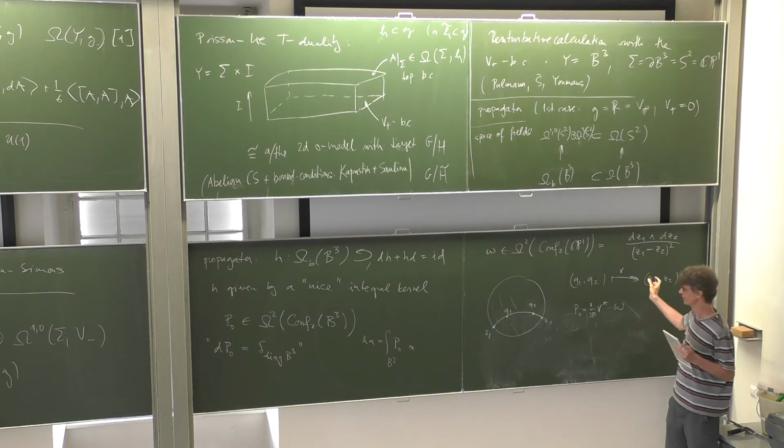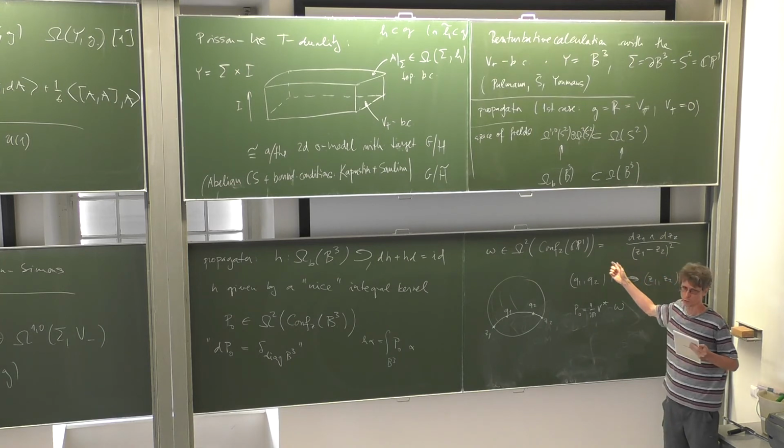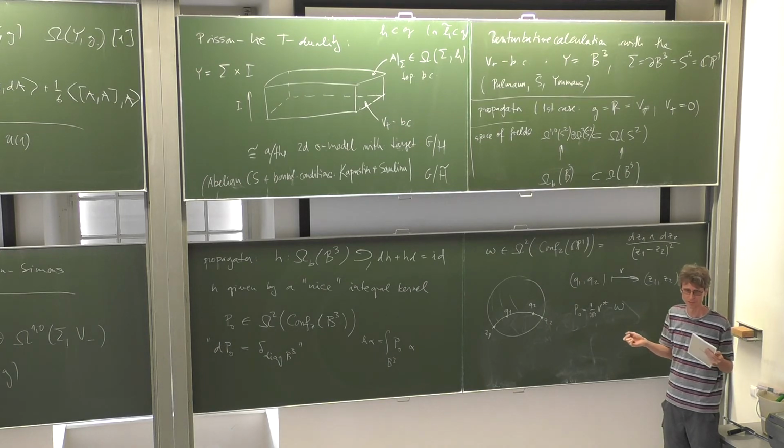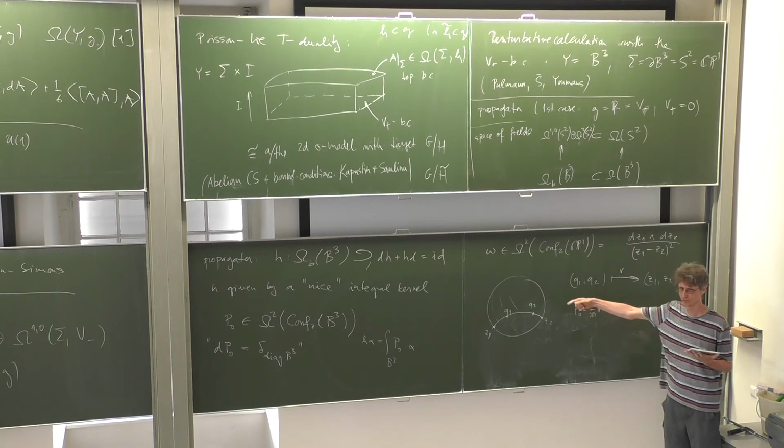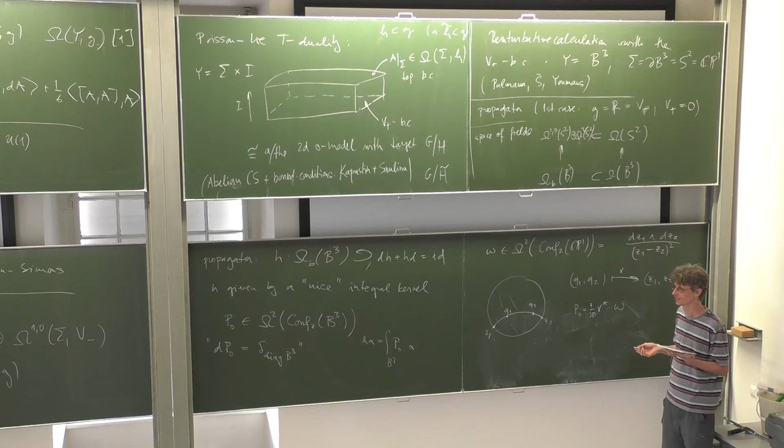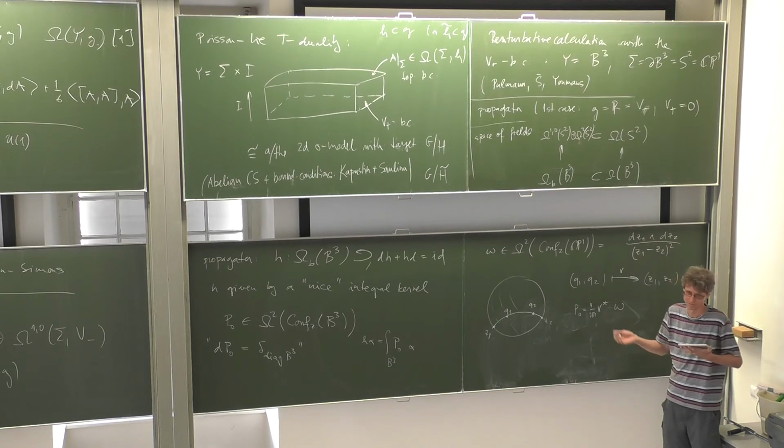We should really be getting these kinds of things when we're on the boundary, and then somehow we pull it back to this ball. It's given by the picture.